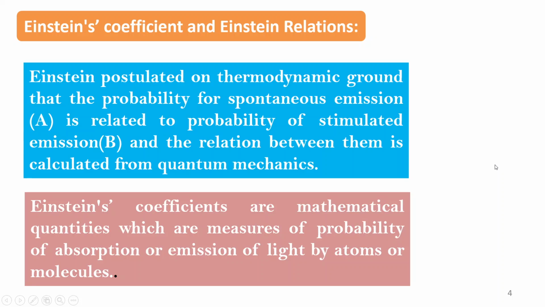The Einstein coefficients are simply the mathematical quantities which are measures of the probability of the absorption or the emission of the light by the atoms or the molecules.